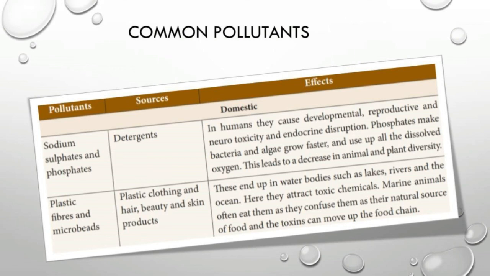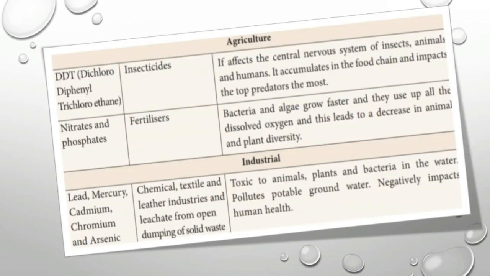These end up in water bodies such as lakes, rivers and the ocean. Here they attract toxic chemicals. Marine animals often eat them as they confuse them as their natural source of food, and the toxins can move up the food chain.